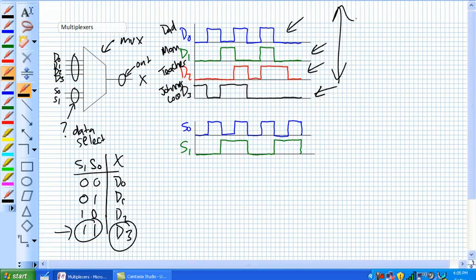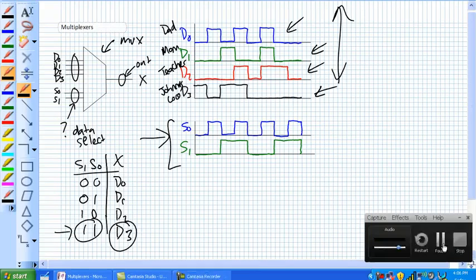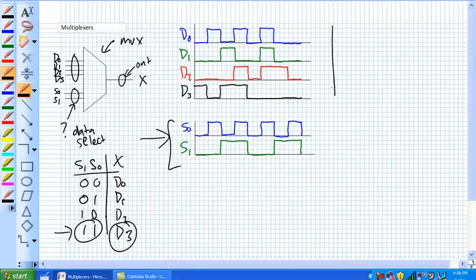But if you rotate your selector switch according to this right here, let's forget that dumb example I was talking about earlier. You've got real data coming in the form of D0, D1, D2, and D3, and the data select here goes from 0, 0.